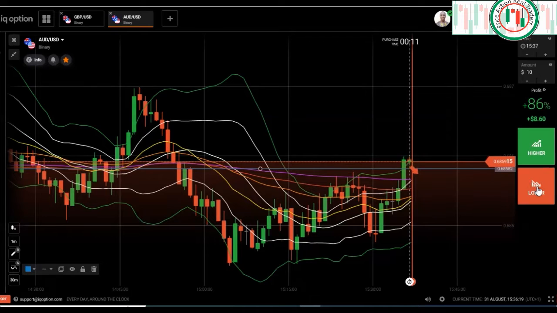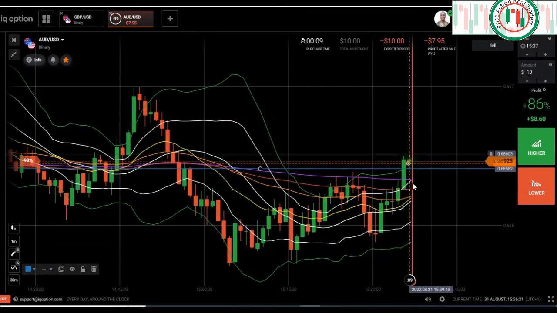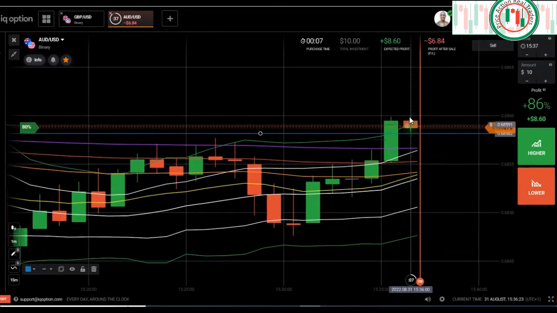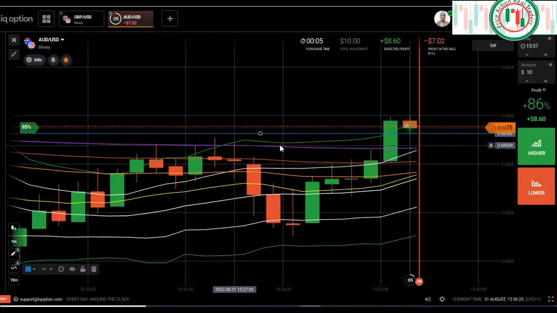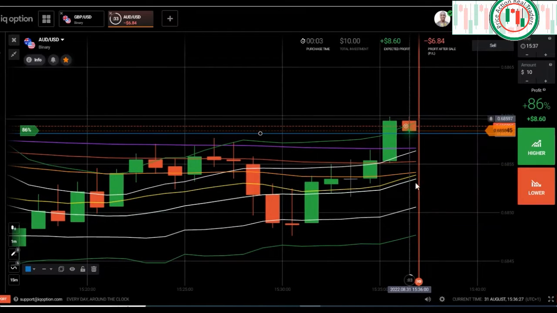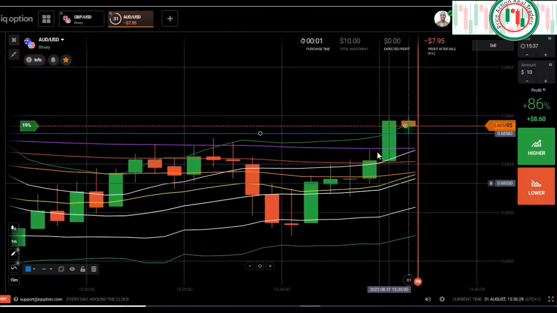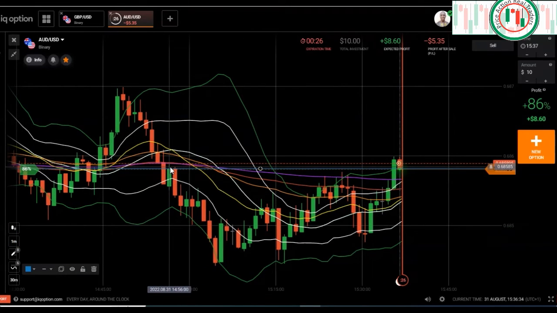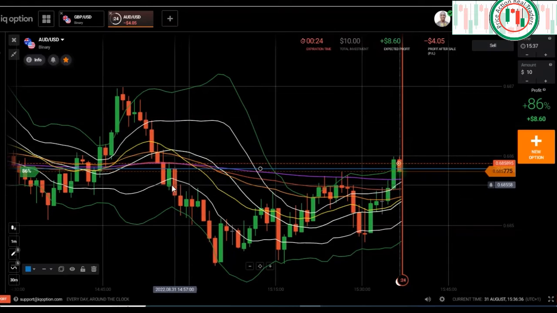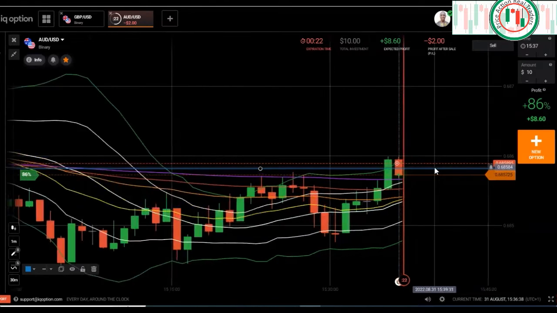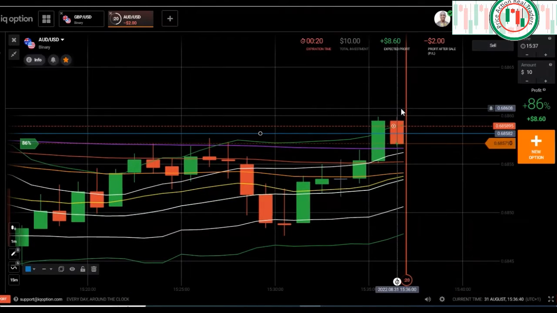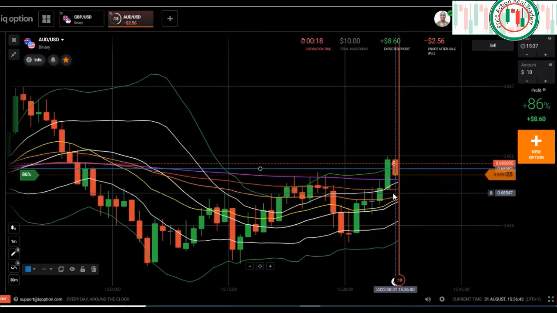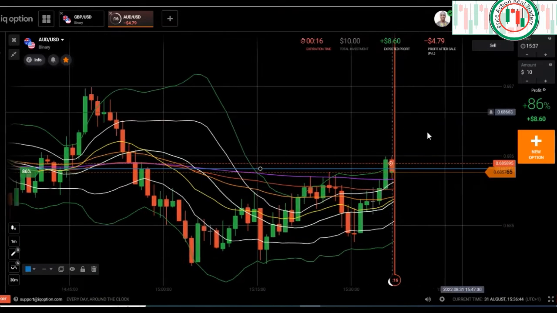Then you can place your trade put option here. I placed my trade put option here because of this flat 200 EMA. I know definitely market must reverse here. This is engulfing zone, market breaks the zone, and then you place your trade put option. Why? Because of the ranging market.